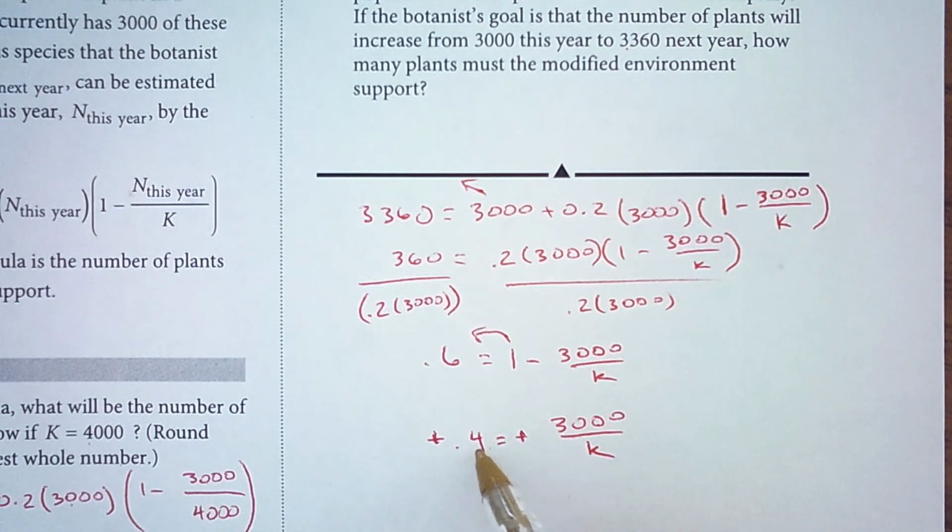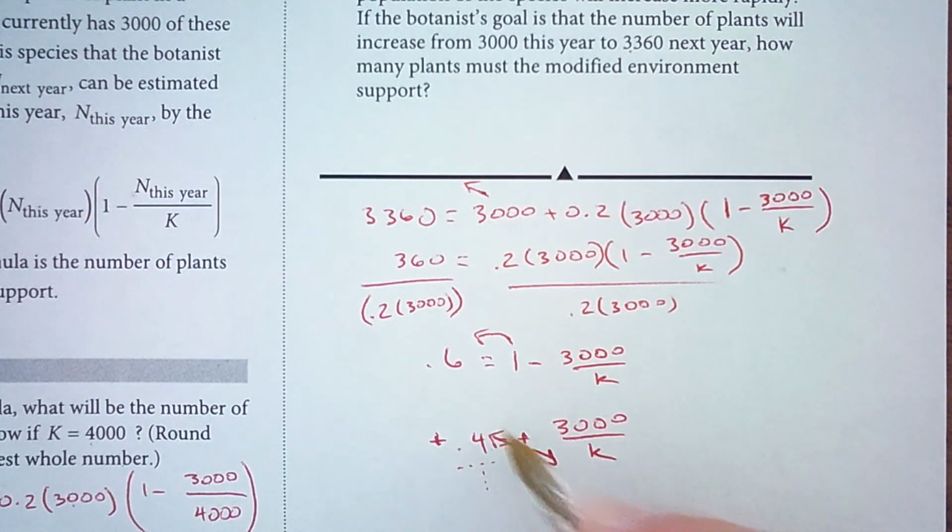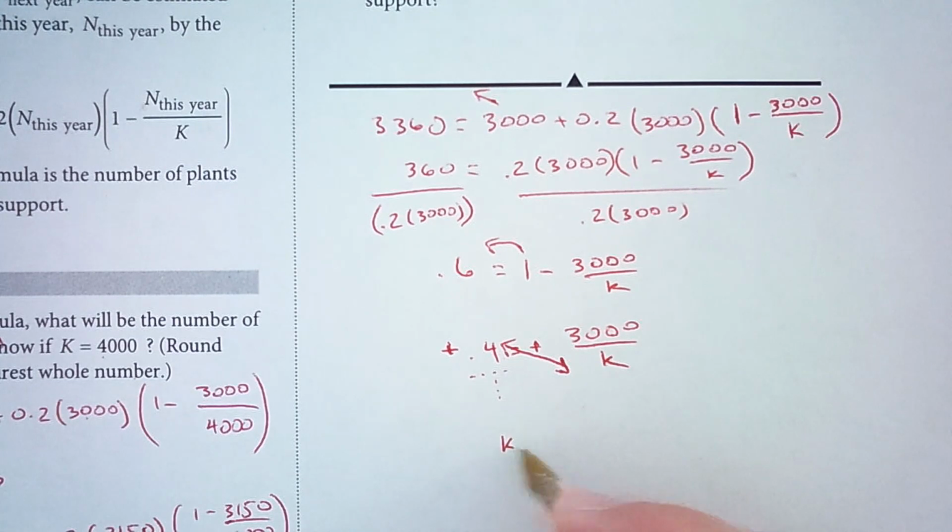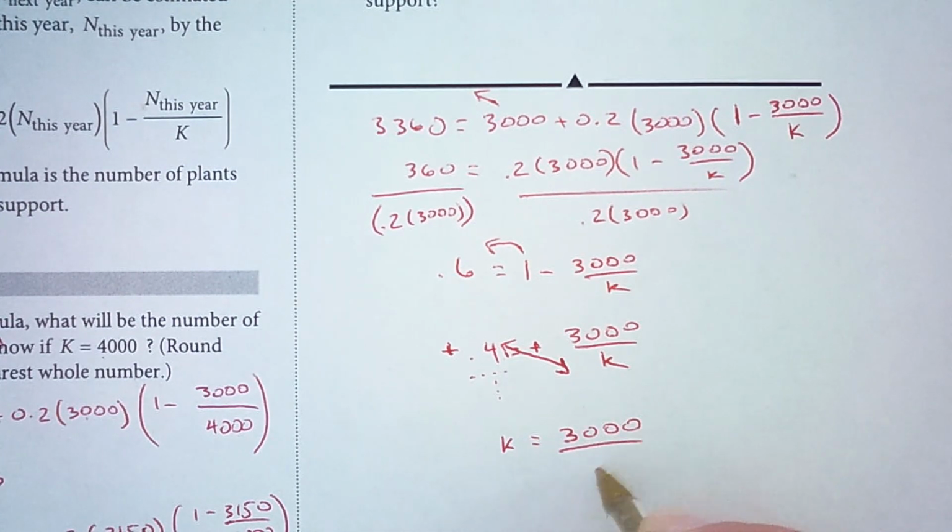Now, the fastest way to solve an equation like this is to treat it as a proportion, so this side over here is over 1, and in a proportion, I can always switch things diagonally, so I'm going to exchange these elements to get K equals 3,000 over 0.4.